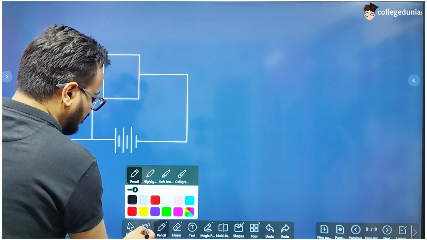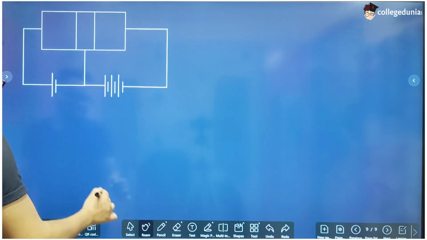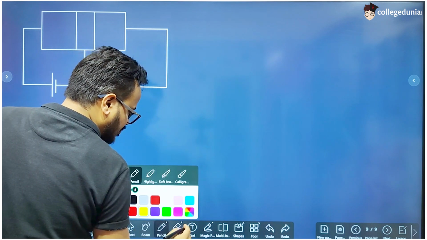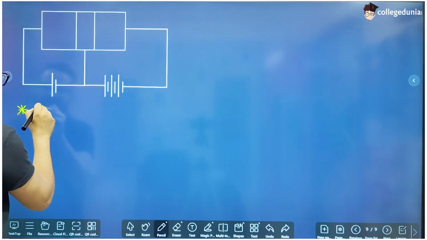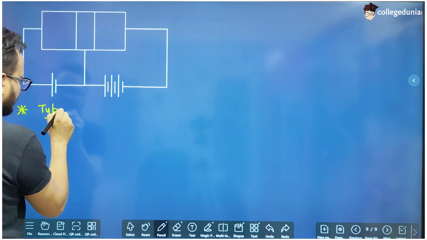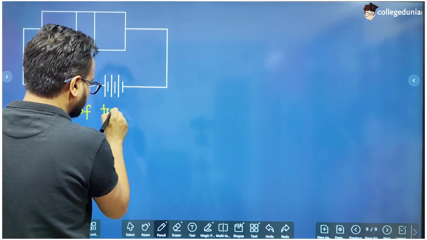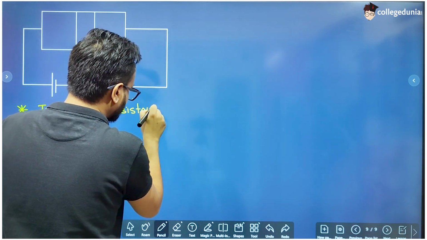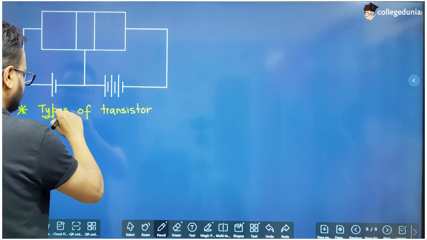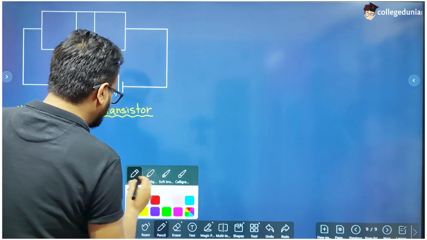A transistor can be of two types. First, let us discuss the types and then we'll get back to this. Types of transistor. A transistor is of two types.